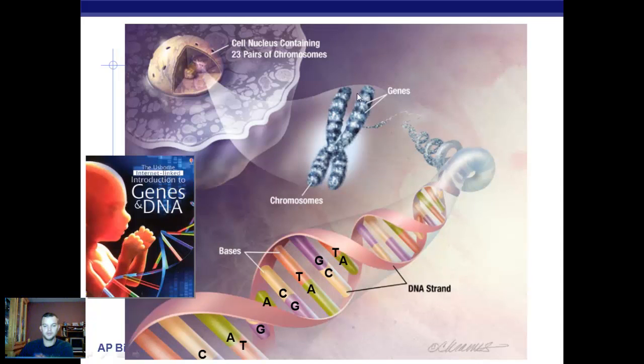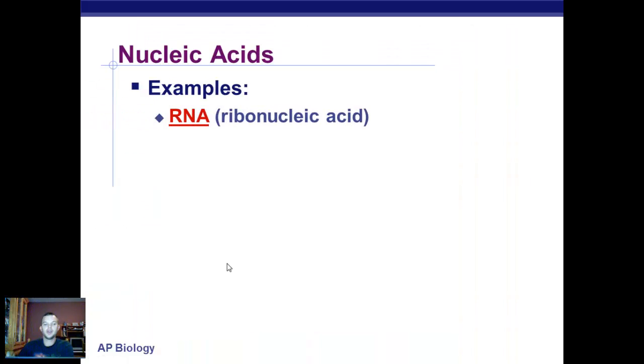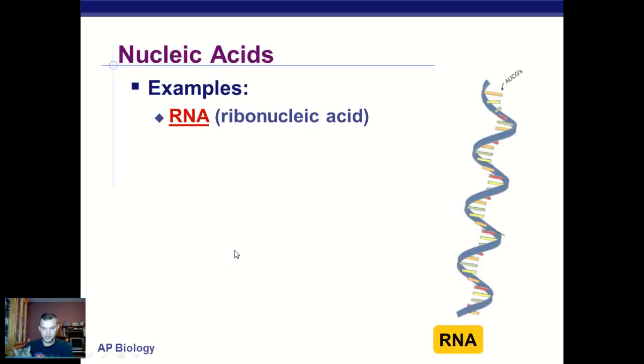And you can see the chromosome is tightly compacted here, and then it gets unwound, and you can see the DNA helix. Alright, so when we talk nucleic acids, really there's two big ones. There's the RNA, which we call ribonucleic acid. And RNA, if you look at this graphic right here, you can see it's only one-sided.